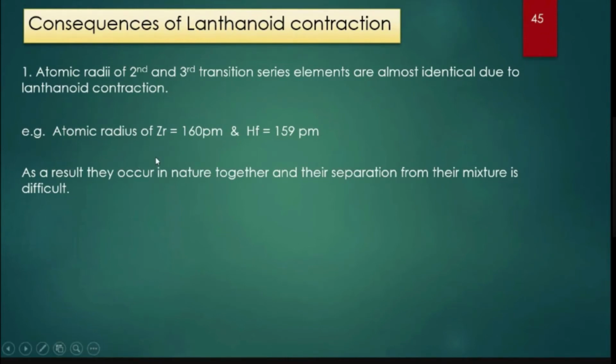For example, let's take the example of hafnium and zirconium. Those are the elements of d block. Here, the atomic radius of zirconium is 160 picometer, and that of hafnium is 159 picometer. As a result, they occur together in nature, and their separation from their mixture becomes very difficult.